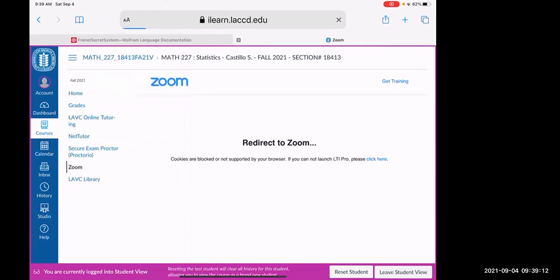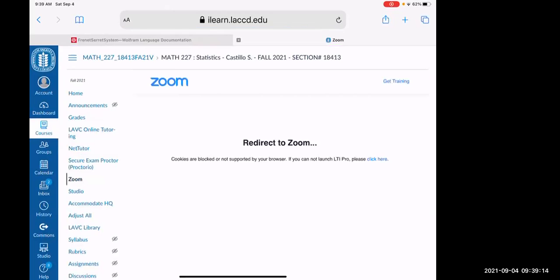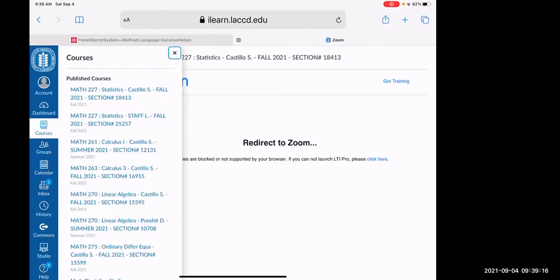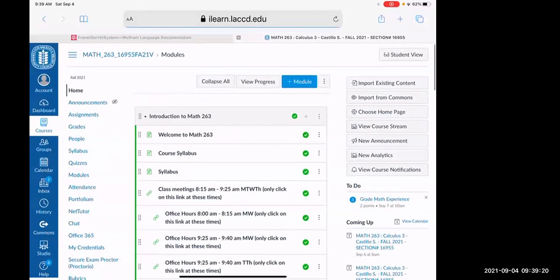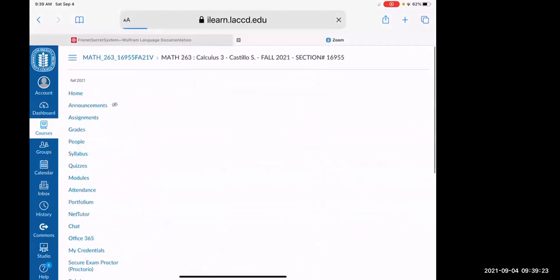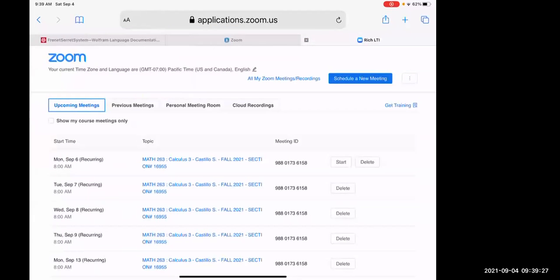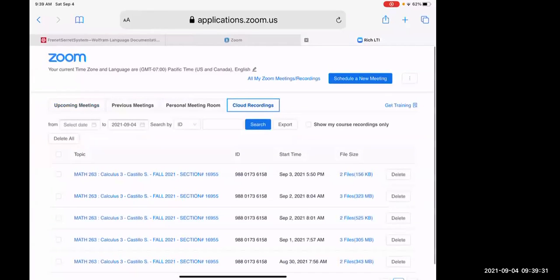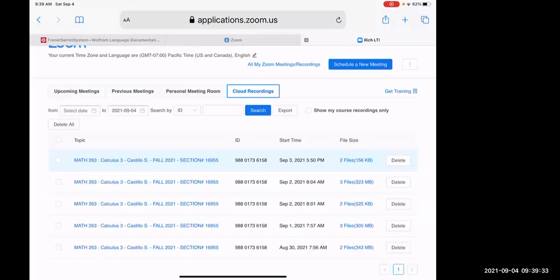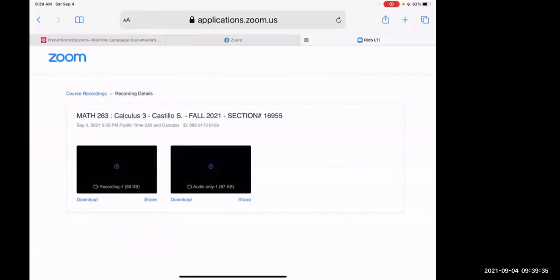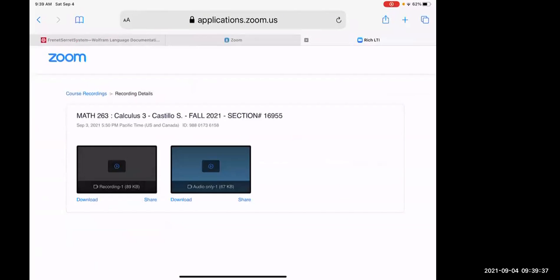Let's leave student view. Let me go to a different course, 263. I know I've met 263. If you click on Zoom, you don't see this because that's an iPad. If you click on cloud recording, here are the cloud recordings, and you would click on a particular date, and you could listen to the recording and download it.